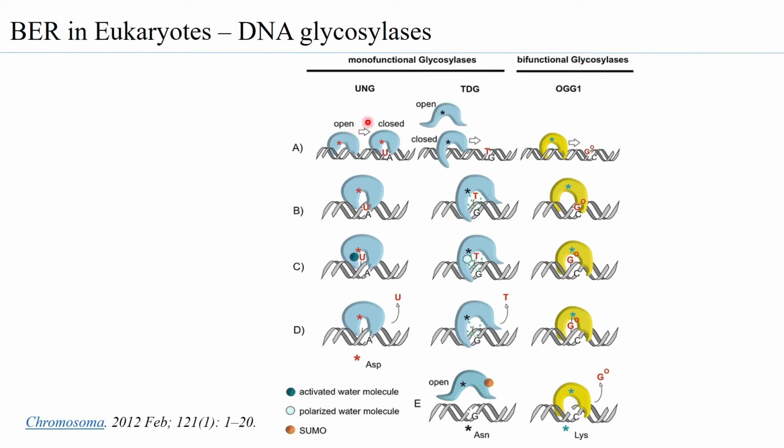As mentioned earlier, UNG exists as an open conformation, but when it reaches the base lesion, it gets converted into a closed complex with the U getting flipped into the pocket. Within the environment there are water molecules that act as weak nucleophiles, so using this water as a nucleophile, it is able to break the glycosidic linkage.